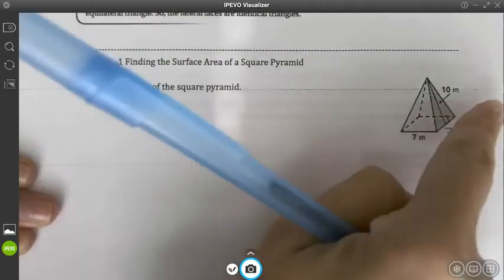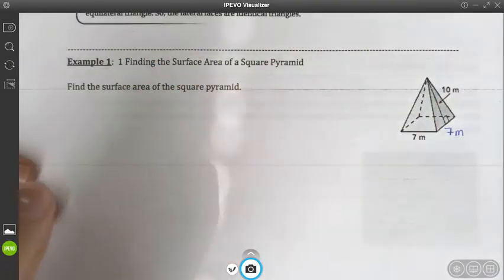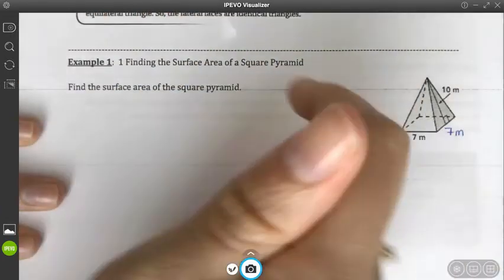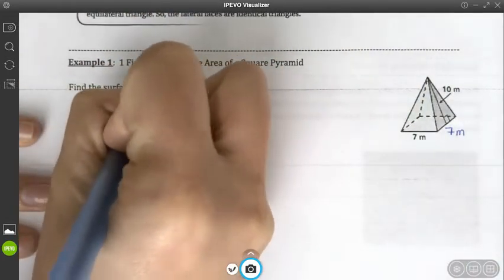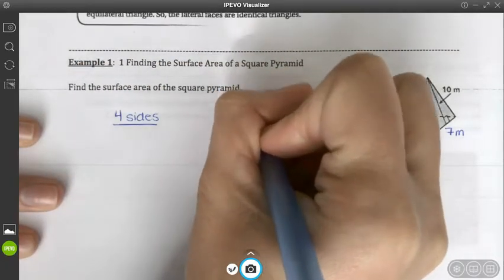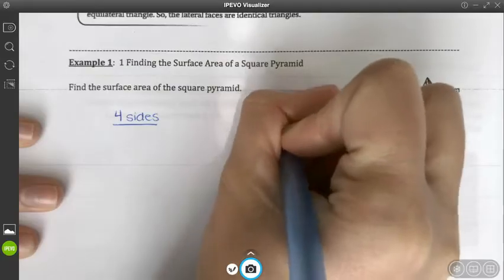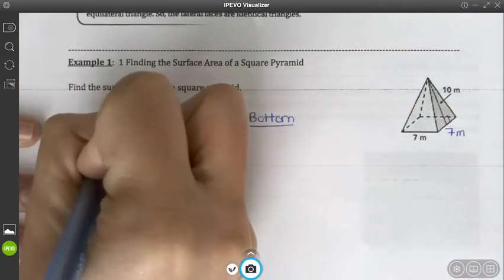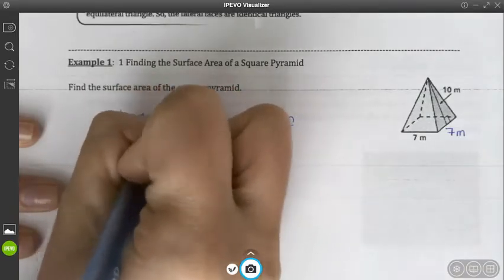Now, the cool part about the lateral faces all being the same, because it is a square base, is that we can do all 4 sides together, and then the bottom by itself. Now we know the sides are all triangles, so I'm going to use my triangle formula.